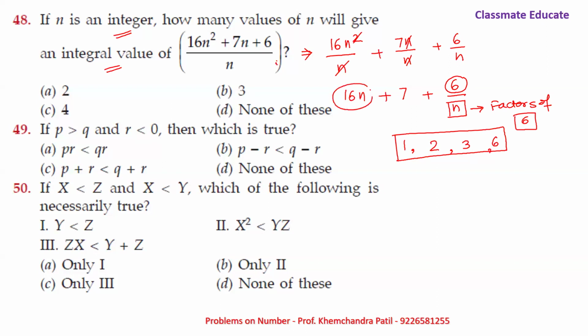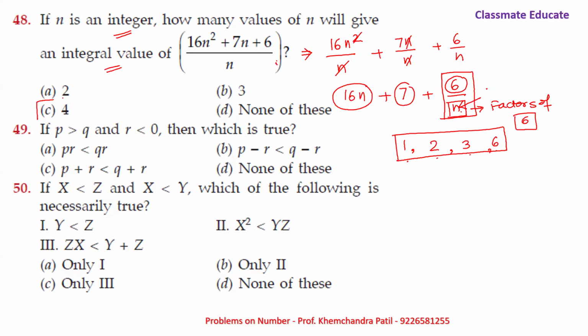क्योंकि यहाँ पे तो integer value आ गई मुझे, यहाँ पे भी integer मिल गया मुझे. Now ये 6 divided by n में integer कब आएगा? Whenever I will take those values of n which divide this 6 exactly. And these are only four values of n that will divide 6 exactly. 6 divided by 1, I will get 6. 6 divided by 2, I will get 3. 6 divided by 3, I will get 2. 6 divided by 6, I will get 1.